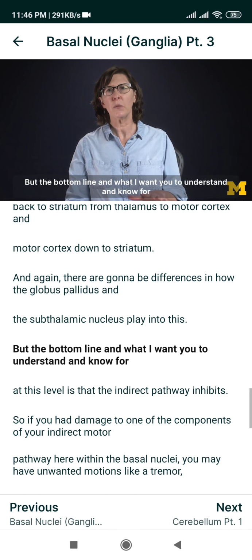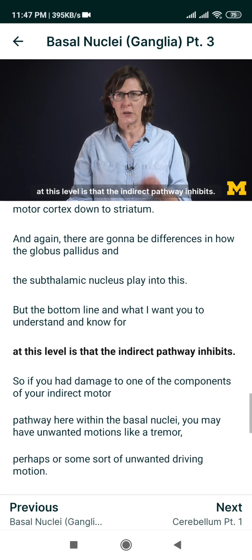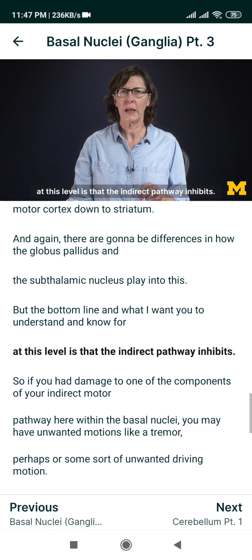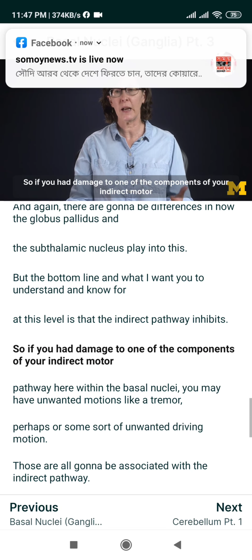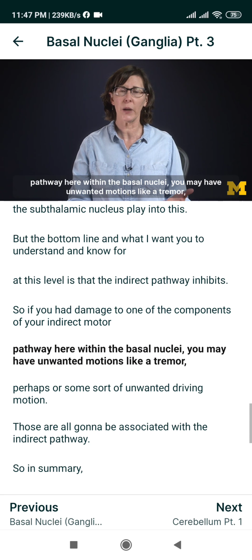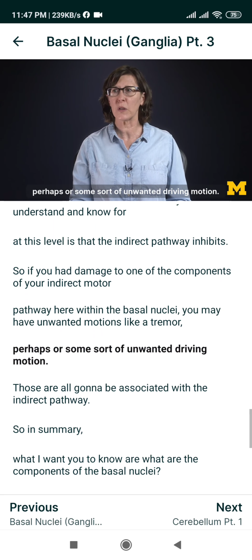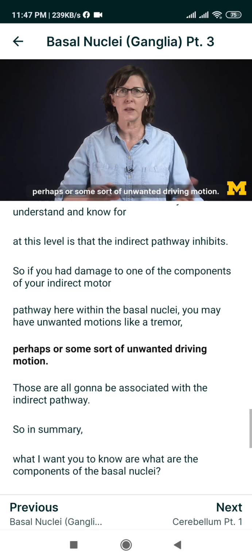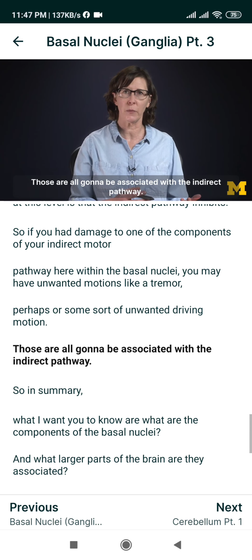But the bottom line, and what I want you to understand and know at this level, is that the indirect pathway inhibits. So if you had damage to one of the components of your indirect motor pathway here within the basal nuclei, you may have unwanted motions, like a tremor perhaps, or some sort of unwanted writhing motion. Those are all going to be associated with the indirect pathway.